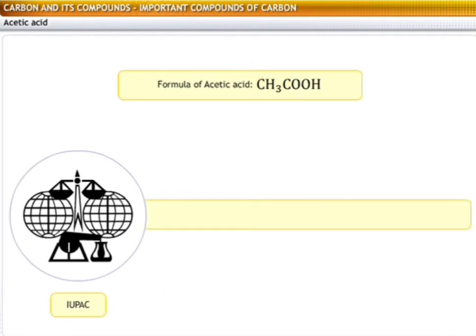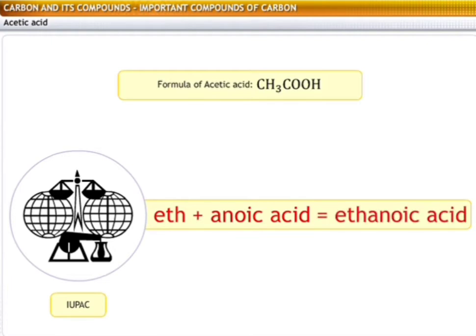Therefore, the root word for the name of this compound is eth. As it is a saturated compound, it is given the suffix -ane. However, due to the presence of the functional group COOH, a secondary suffix, oic acid, is added instead of e. Therefore, the IUPAC name for acetic acid is written as ethanoic acid.